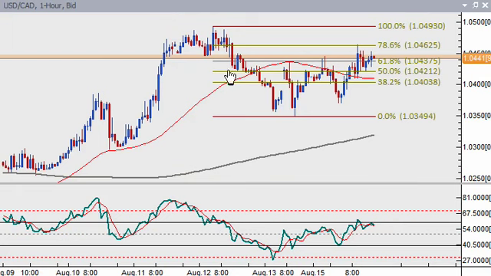In the 1-hour time frame, you saw that this market had a double top and came down lower, and now there is this rally. So if the market stays below this 78.6% at 1.0460, we could have another bearish attempt, and we could project that bearish attempt as such, so down to somewhere just above 1.03.